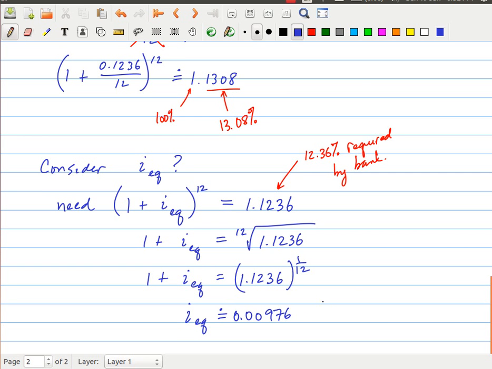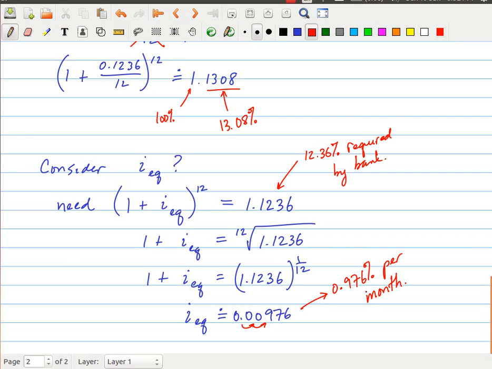So what does that mean? When we're trying to turn this into a percentage, we're going to multiply by 100, so I'm going to move over 2 decimal places. So that really means 0.976% per month.